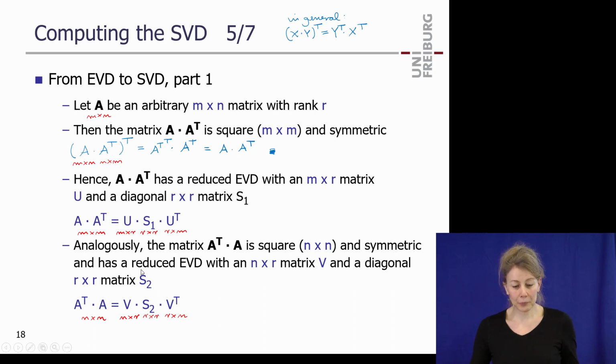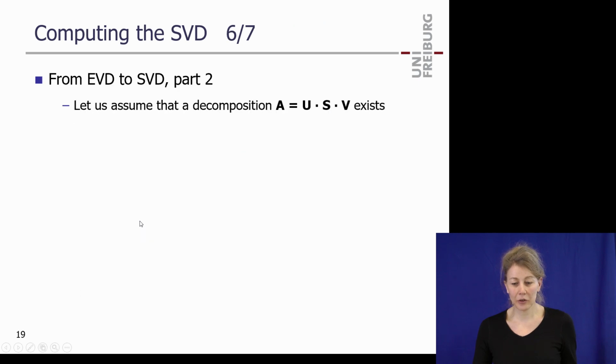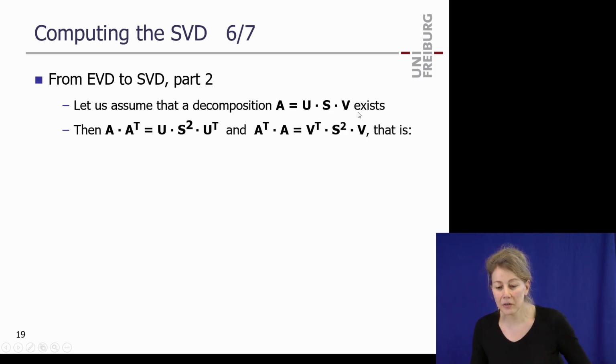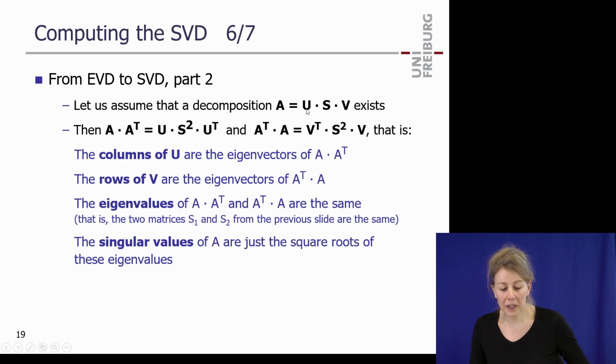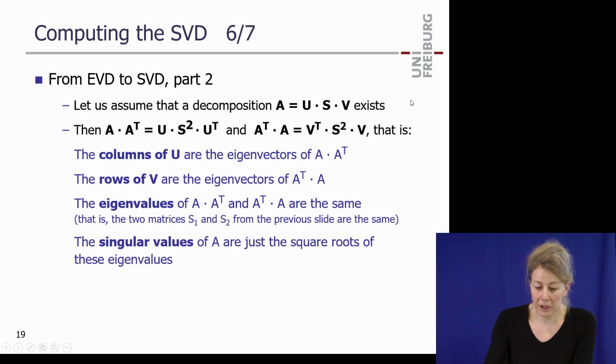And now, by some magic, this already gives me everything for the singular value decomposition. It's actually easy to see. This is not a complete proof, but almost complete. Let's ignore the blue stuff for a second.